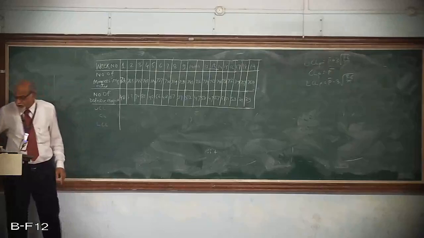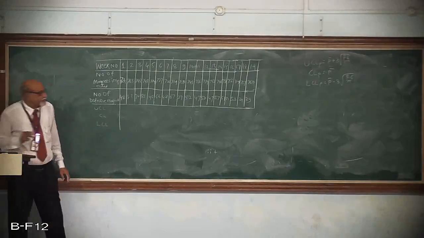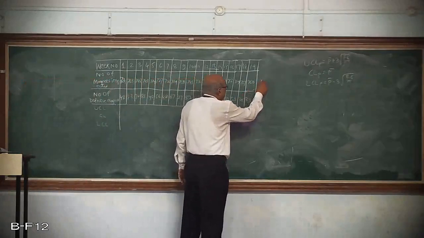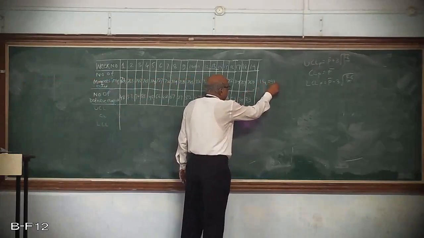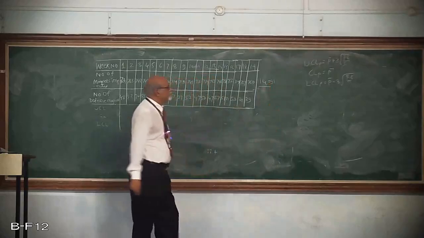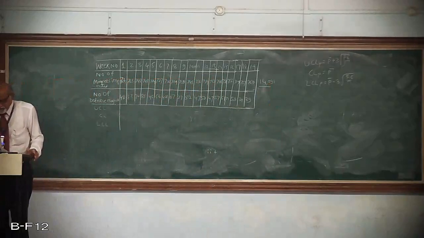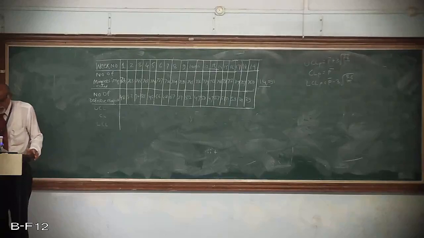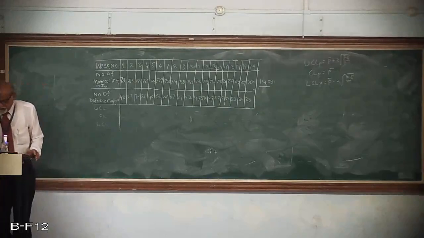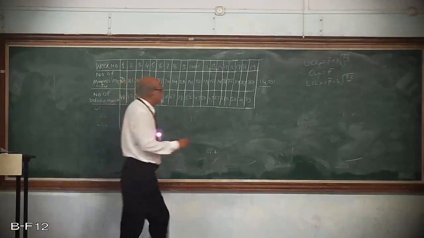So how much does that value work out to be? The total number of magnets inspected works out to be 14,091, and the number of defective magnets, whatever are there, works out to be 1030.